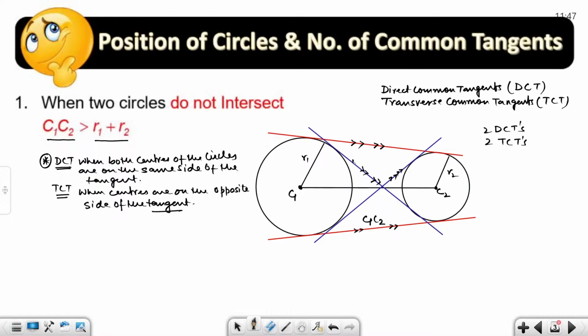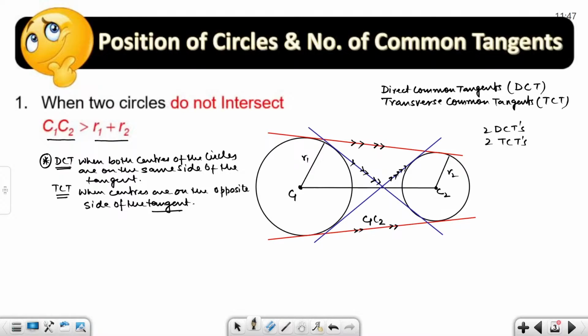Like for these two blue lines, if you observe, you will find that C1 and C2 are lying on opposite sides of the tangent. Hence, it is a transverse common tangent, not a direct common tangent. Is it clear to all? So what is a direct common tangent? When we find that the centers of the circles are on the same side of the tangent, then the tangent is called a direct common tangent.